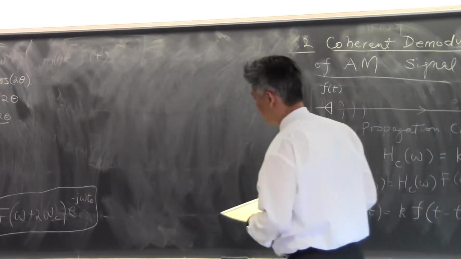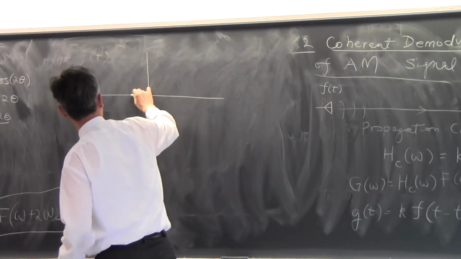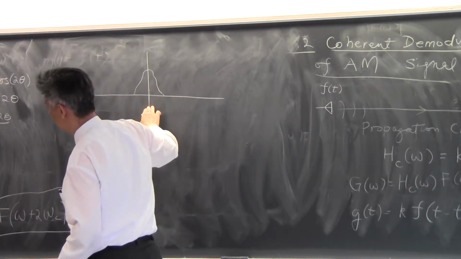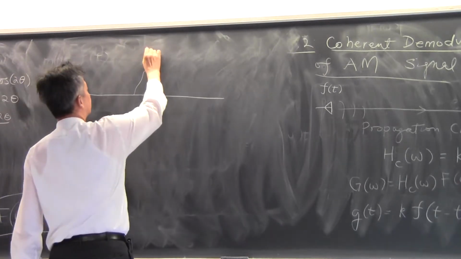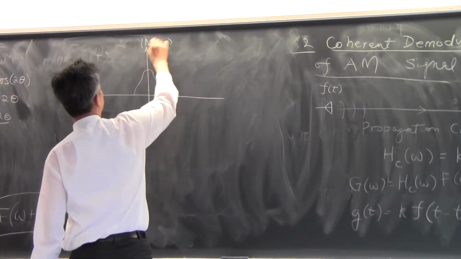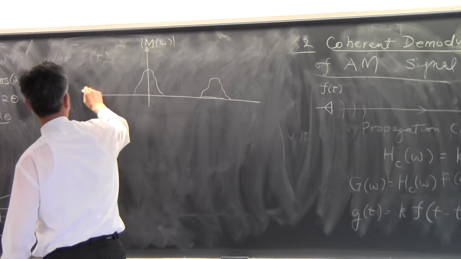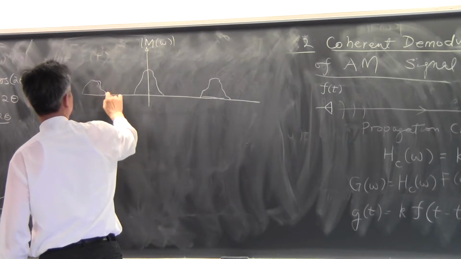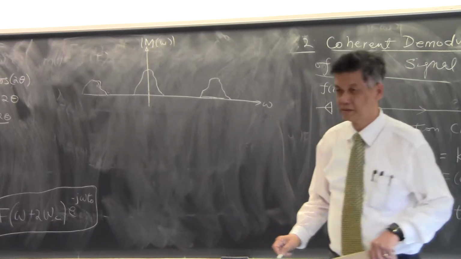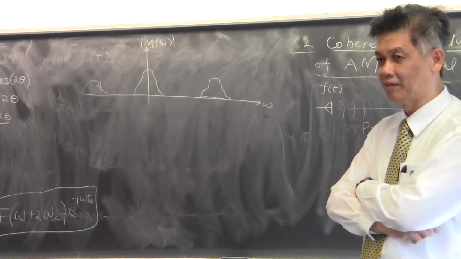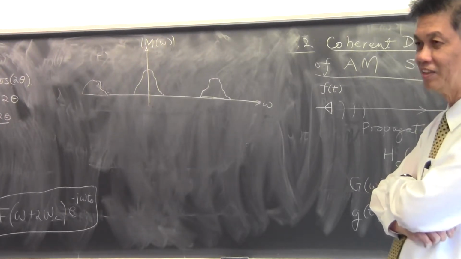So, let's see. There are 3 terms over there. Then the spectrum will look something like this. You have one that is centered around the original bandwidth, but only with the phase modulation. So this M of omega will look something like this. And then you have another one, which is smaller in size, over here. One clever thing that you can do to pick up the original signal from this spectrum is to pass this to a low-pass filter. Very clever.